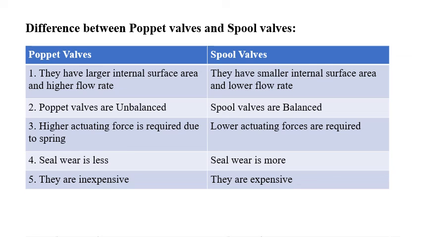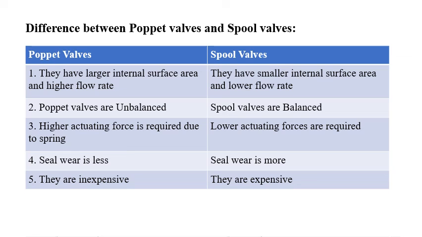Second difference: poppet valves are unbalanced, while spool valves are balanced. Third difference: higher actuating force is required in poppet valves due to the spring. In spool valves, lower actuating forces are required.